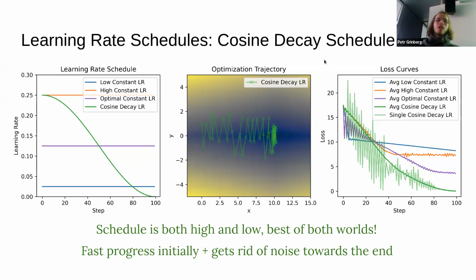One of these schedulers is called the cosine decay scheduler, which looks like a cosine. It starts from this cosine peak, and using a cosine-like equation, the learning rate goes down to 0 over time. With such a schedule, you get the best of both worlds. You are able to go fast and get rid of the noise.